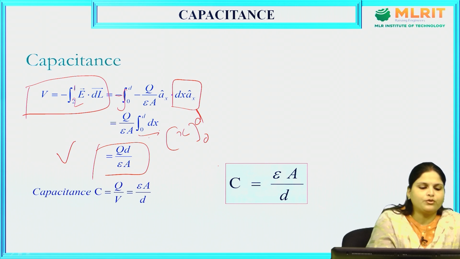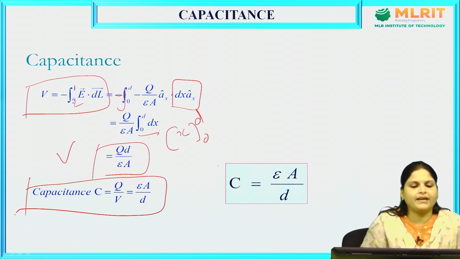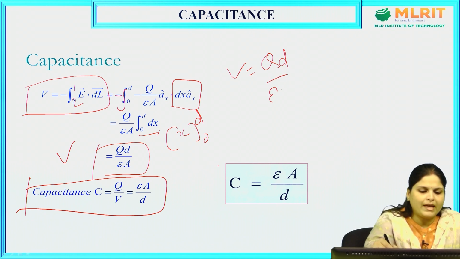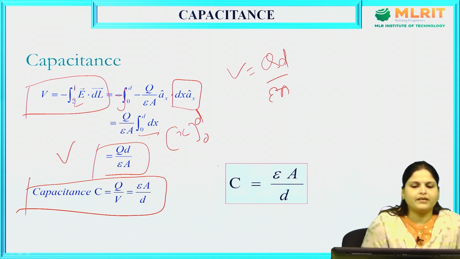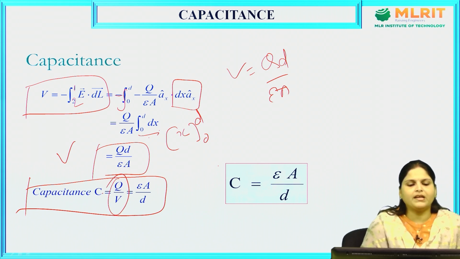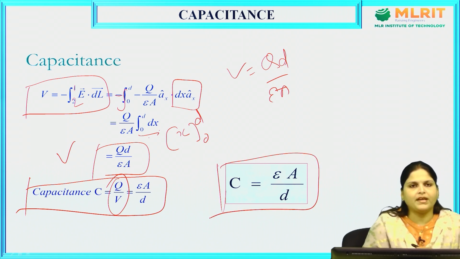Now, this we need to put in the formula C is equals to Q by V, right, or directly by rearranging we can get it. Okay. So, when we get V is equals to Qd upon epsilon A, this can be rearranged. So, if you write C is equals to Q by V, Q will get cancelled and finally we get epsilon A upon d.